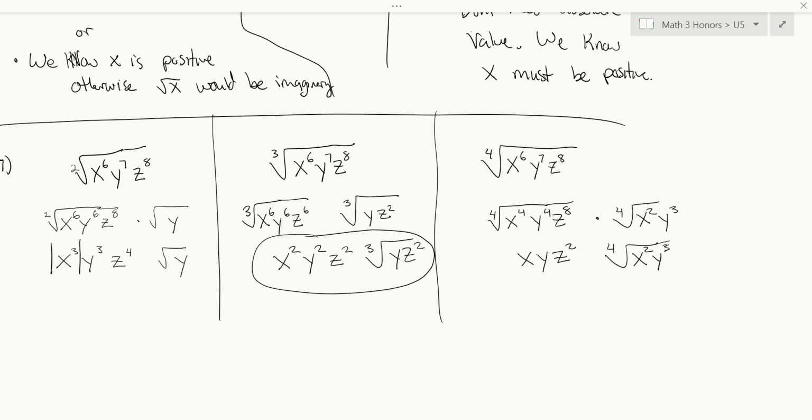Let's start with x. Does x have to be positive? What do you know about x squared? x squared is positive no matter what, right? So even if x were a negative number, like x were -2, this would still be a positive 4. So x could be positive or negative and still make this work.